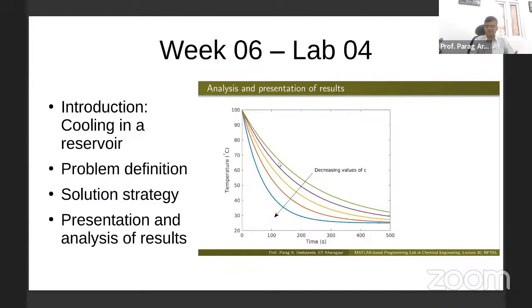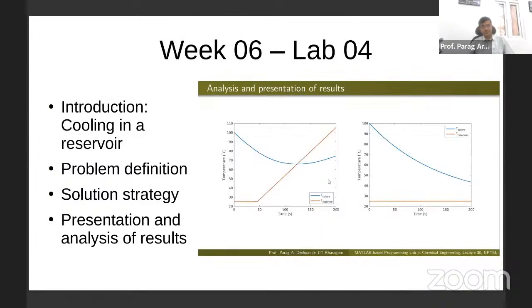Presentation of results is important, so you have learned how to put these, apart from putting proper curves with proper thickness, color, legends, and so on. How to put text and arrows to show the proper trend in the system.